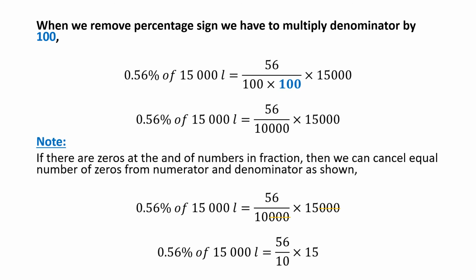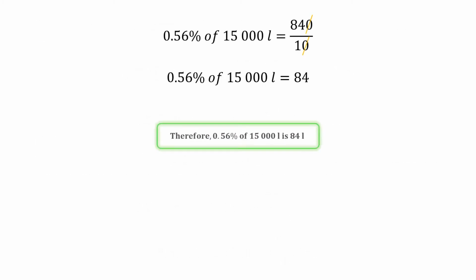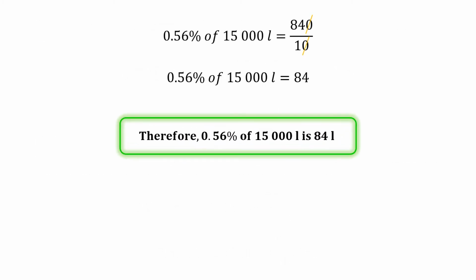Now remove the percentage sign by multiplying the denominator by 100. If there are zeros at the end of numbers in the fraction, then we can cancel an equal number of zeros from numerator and denominator as shown. So after simplification we have 84. Therefore 0.56% of 15,000 liters is 84 liters.